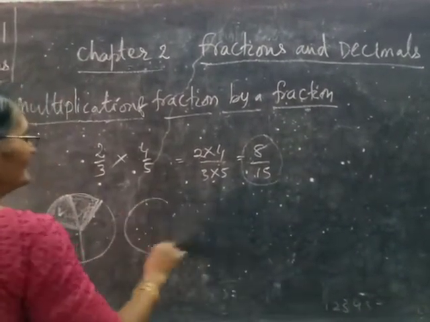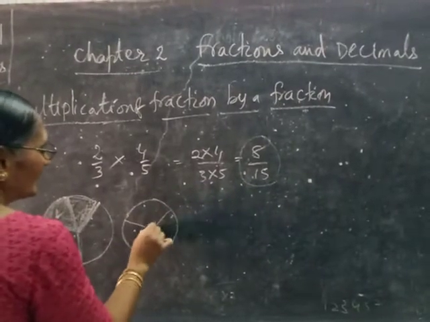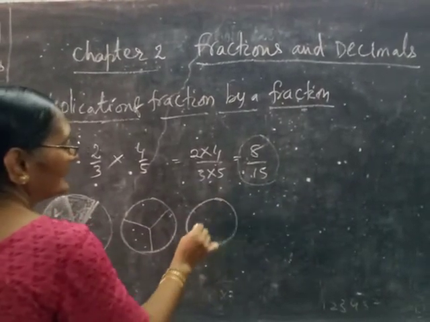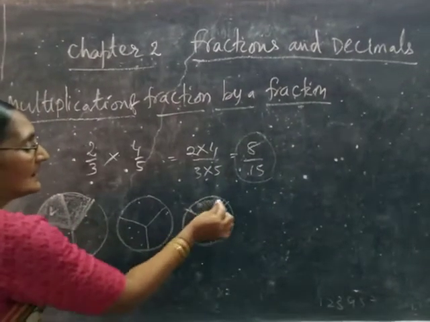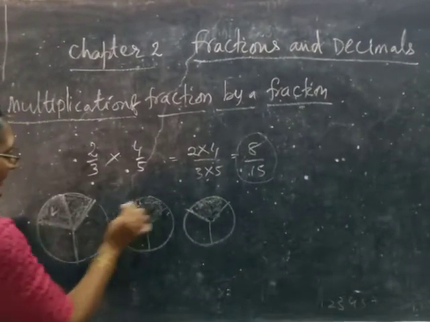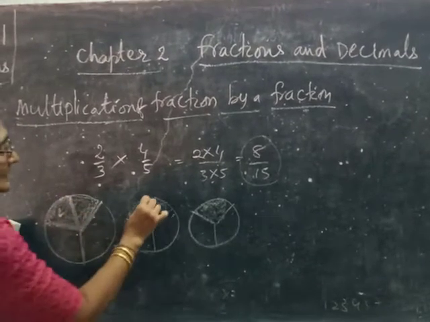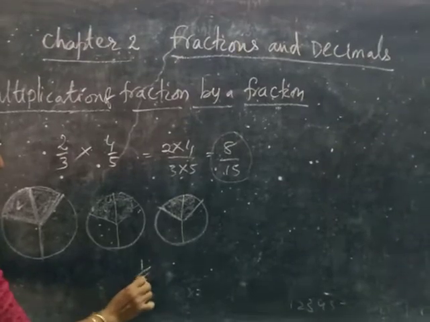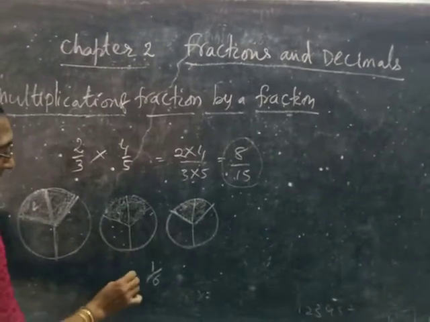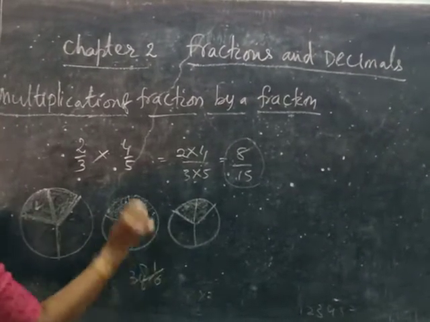Suppose this type of figures, 3 is given. Then how do you write? Suppose 1 is shaded like this, you have to divide this one. 1 by 6 taken 3 times means 3 of 1 by 6.